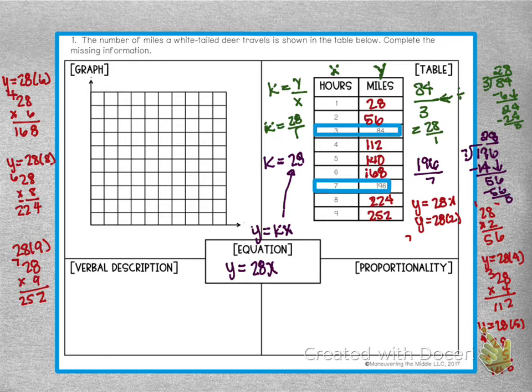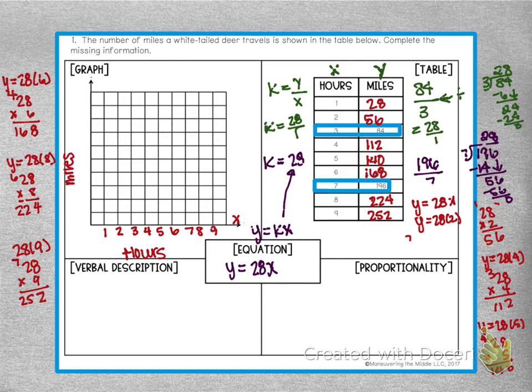Remember our x value, which is this line right here, is hours. And our y is miles. So we have 1, 2, 3, 4, 5, 6, 7, 8, 9.